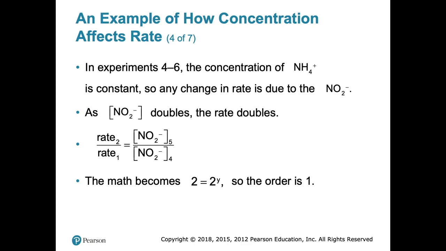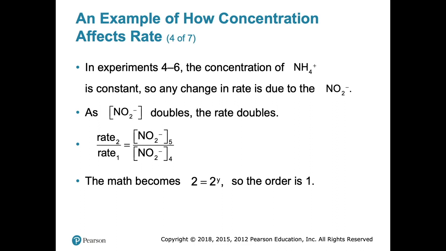And here, when we put the rate over the rate divided by the concentration of nitrite and the concentration of nitrite from reactions 3 and 4, we get the same thing again, where it's 2 equals 2. You divide this by that, it's 2. You divide by that, it's also 2. So that is also order 1. So as the concentration of nitrite doubles, what else doubles? The rate doubles.